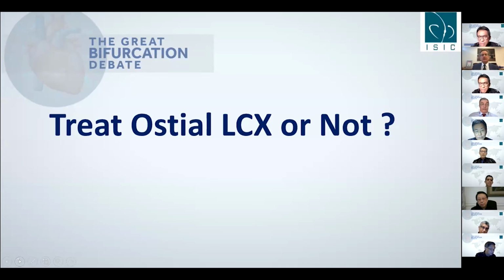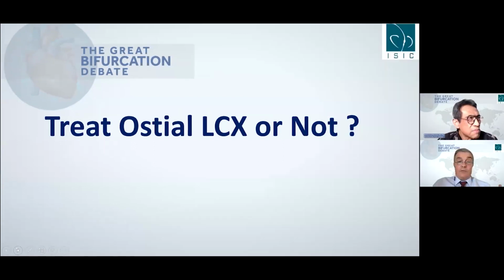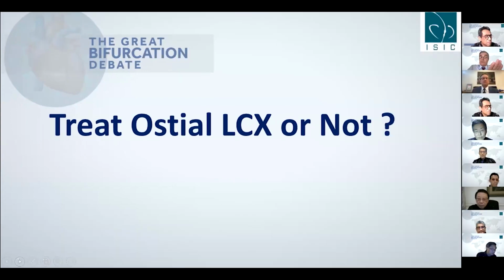Thank you very much for this question. First of all, like in every bifurcation, we should try to select the view in which we have the most widely open bifurcation. If we are dealing in this case with distal left main, it's most probably spider view or LAO caudal, because we decrease the amount of foreshortening so we can see the carina clearly.